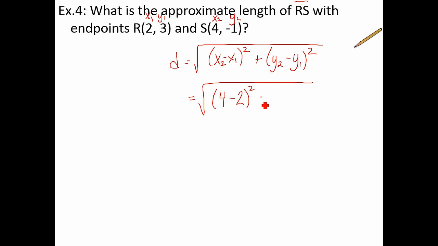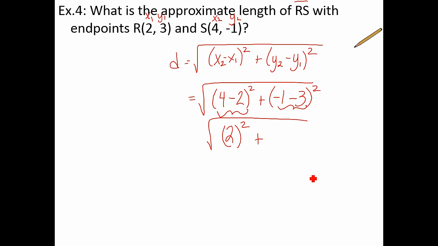And then plus sign, y2 is negative 1, minus y1 is 3 squared. And now using your order of operations, we always start in the parentheses here. We're going to do this part first. So 4 minus 2 is 2 squared, and this is all underneath a square root, plus negative 4 squared.